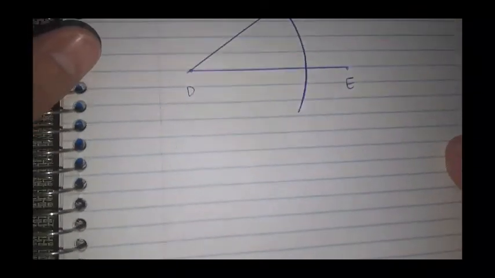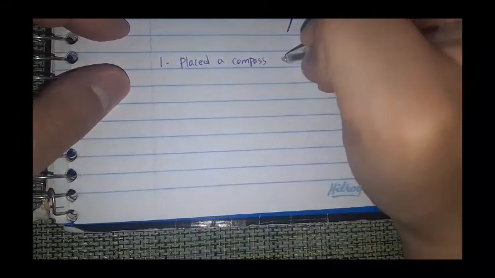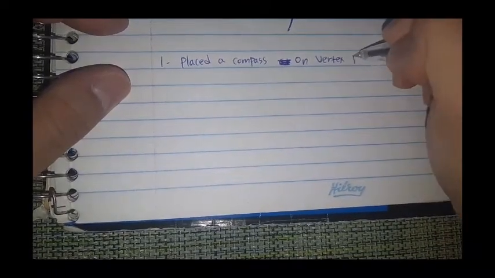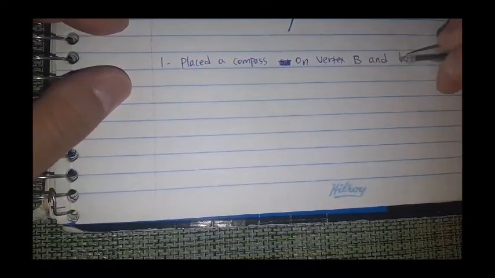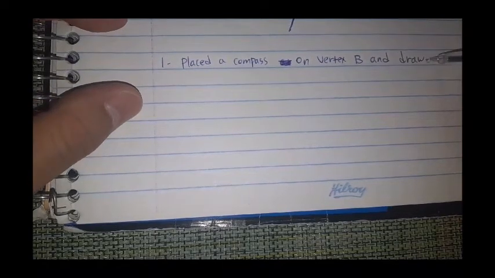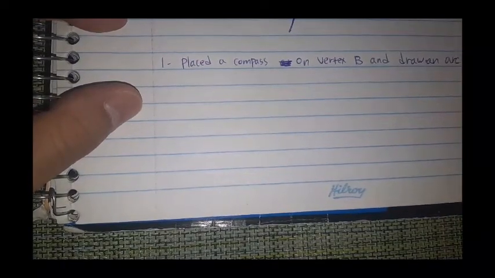So let's write down the steps. Number 1, what did we do as the very first step? We place the compass on vertex B and draw an arc.